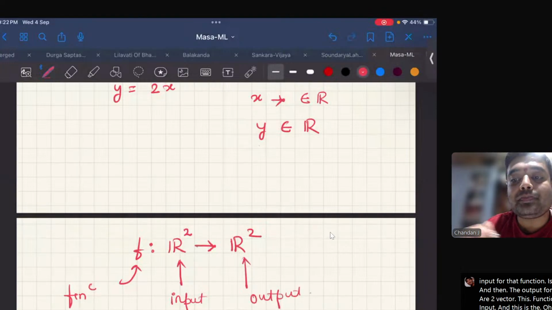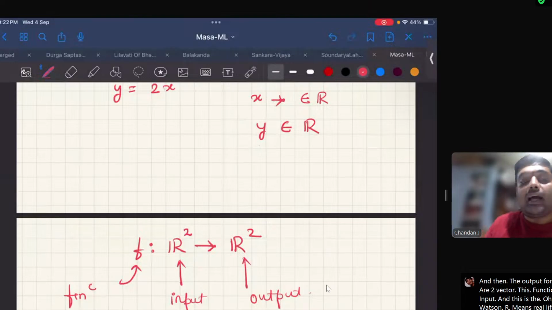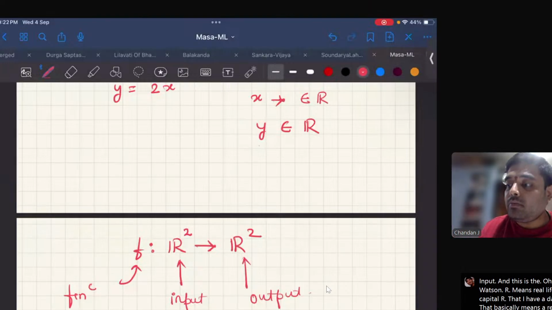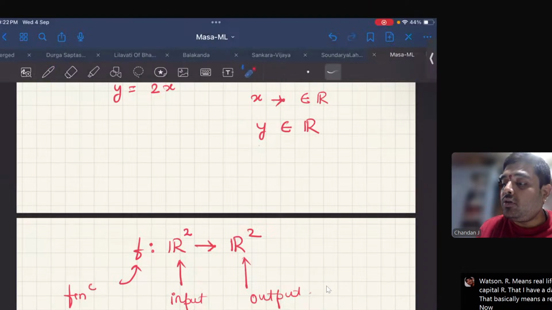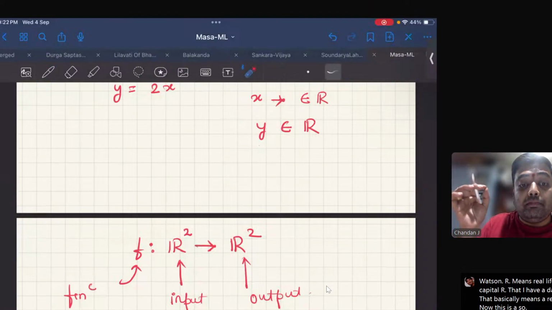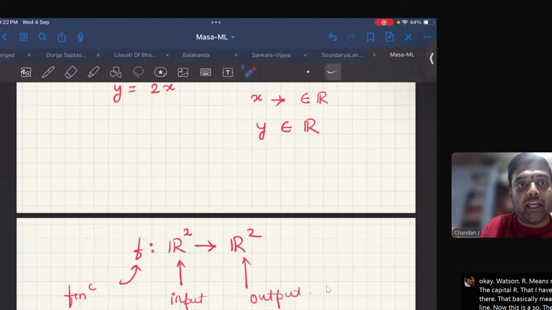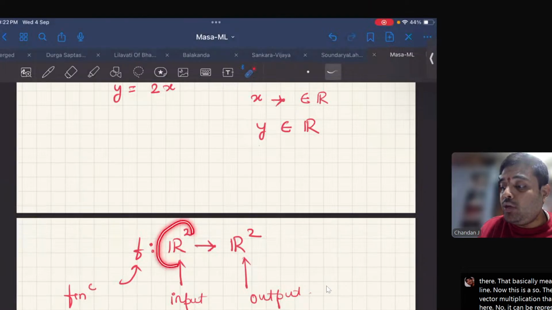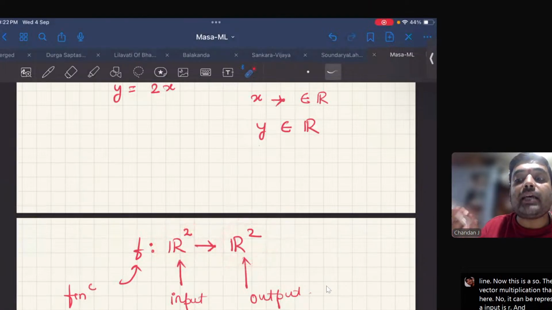That's it. R means the real line, the capital R with a dash there basically means the real line. So the matrix-vector multiplication here can be represented with input R2 and output R2. Make sense?